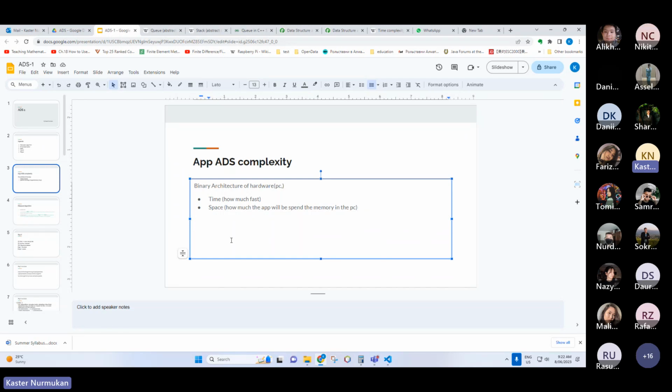So usually it's very straightforward to represent it in a math way, which is called the big O concept.